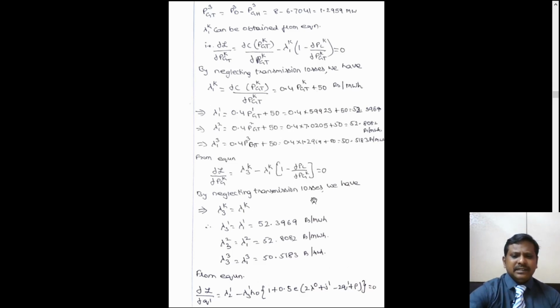By neglecting the transmission losses, lambda 3 during interval 1 is the same as lambda 3 during interval 2. So this is the equation.